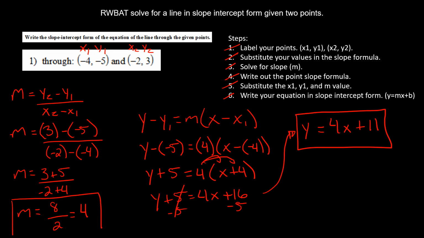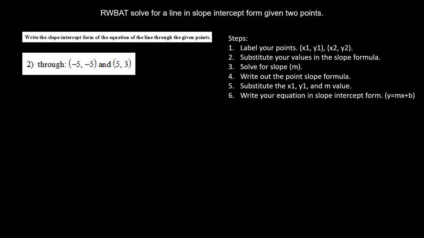All right, let's go ahead and do one more together. So now we're going to go through the same steps. So we're going to label our points, x1, y1, x2, y2. Done. We're going to substitute our values into the slope formula. So m equals y2 minus y1 over x2 minus x1.